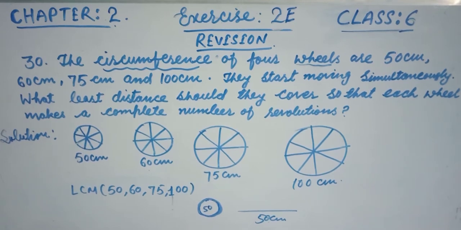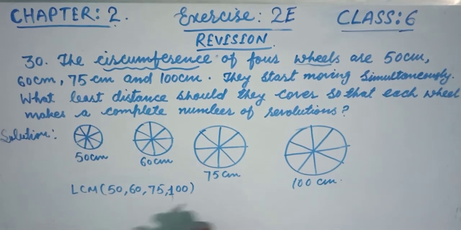The least number means, friends, we have to find the LCM, and the LCM of all these circumferences gives us the least or required distance they should cover so that each wheel makes a complete number of revolutions. That means we have to find the LCM. So find the LCM, friends.